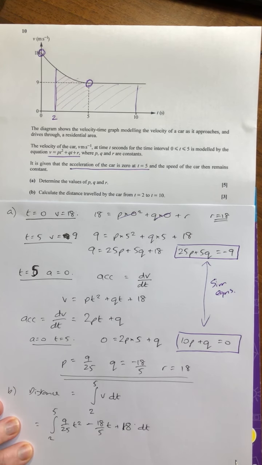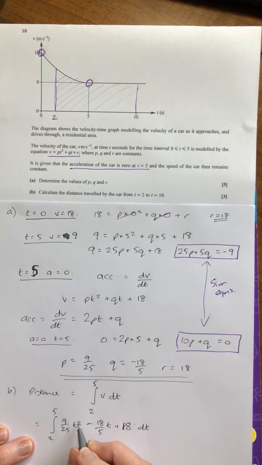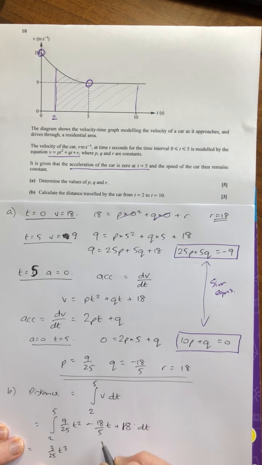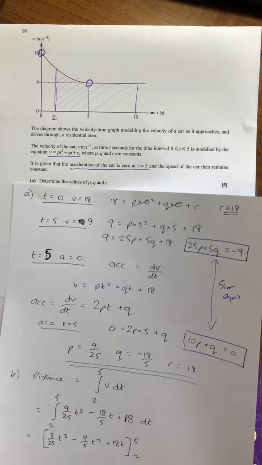Limits of 5 and 2. So if we integrate that, t cubed divided by 3, that's going to be 3/25 t cubed, t squared divided by 2, so that'll be 9/5 t squared. Integrate that, 18t. And our limits are 5 and 2.